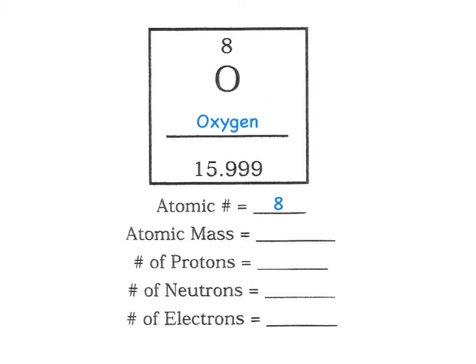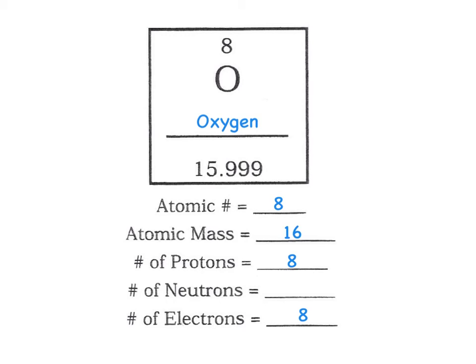Well, I know the atomic mass is the bottom number in each element's box on the periodic table. However, when we write the atomic mass on the line, we round to the nearest ones place. So we've got to be able to round. So 15.999 rounds to 16. So let's fill that in, please.